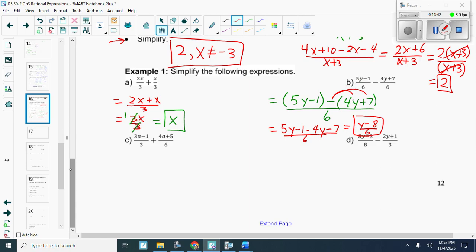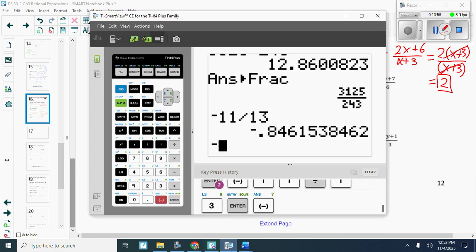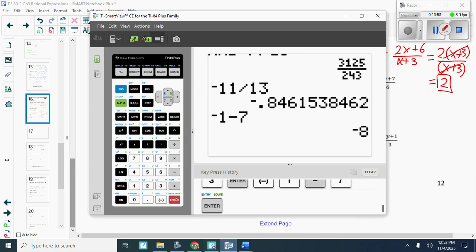Oh, you've got a question? Negative 1 minus negative 7? No, it's like negative 7, because it's minus, and then you also have the negative. I took care of that.